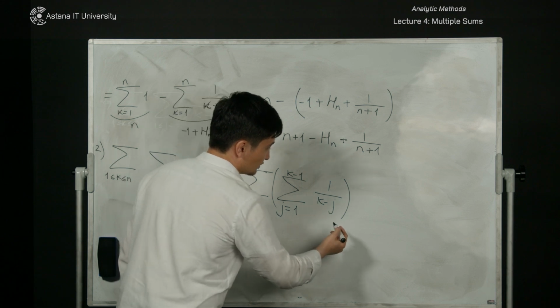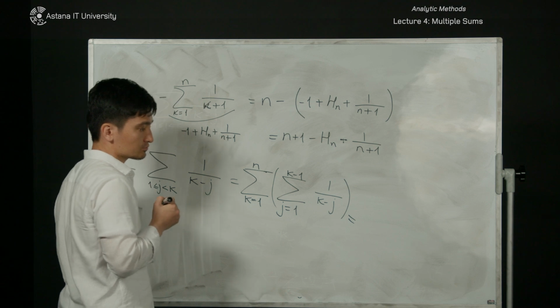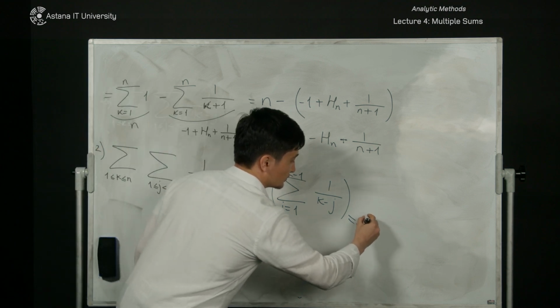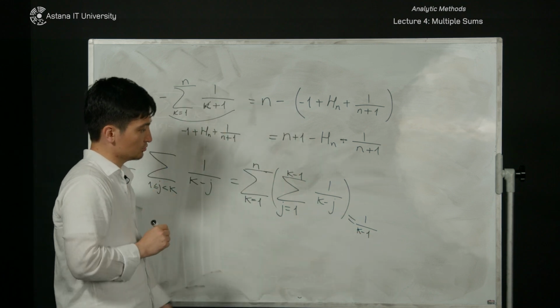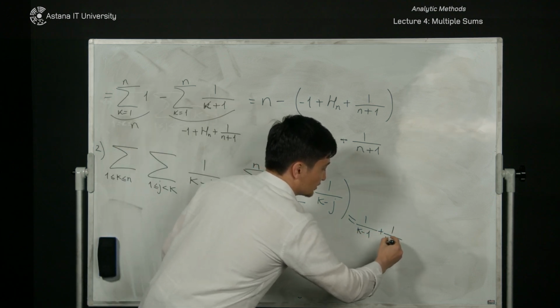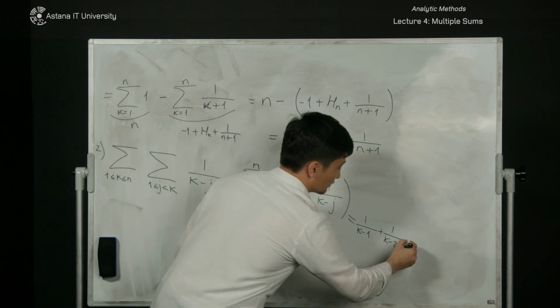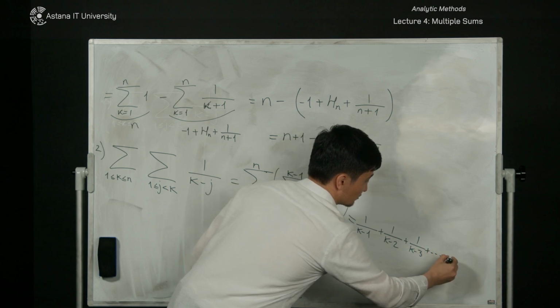Okay, so let's see what we get. When j equals 1, we're going to get 1 over k minus 1. And when j equals 2, we're going to get 1 over k minus 2. When j equals 3, you get the logic, 1 over k minus 3, and so on.